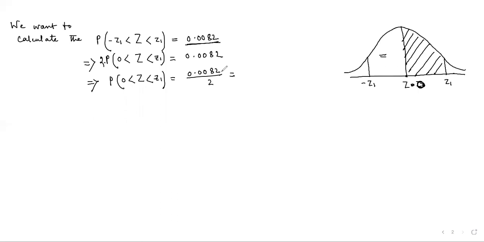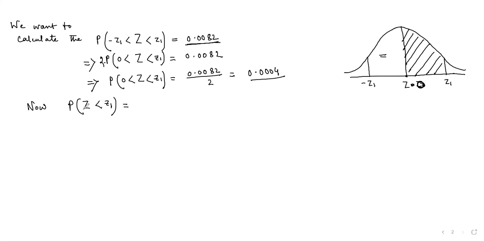And this probability is coming as 0.0041. Now we want to find out the probability of z less than z1, so that we can use the normal table.